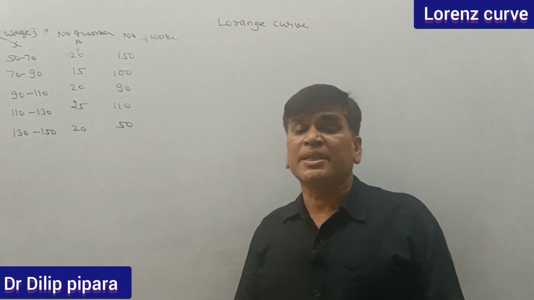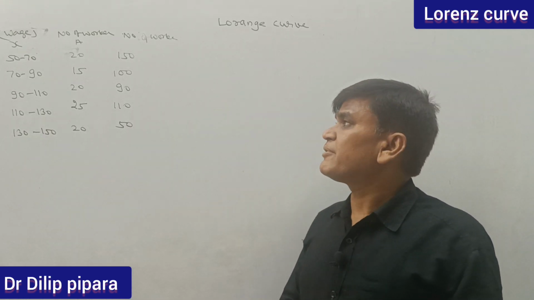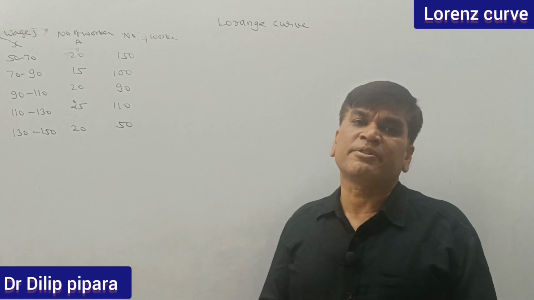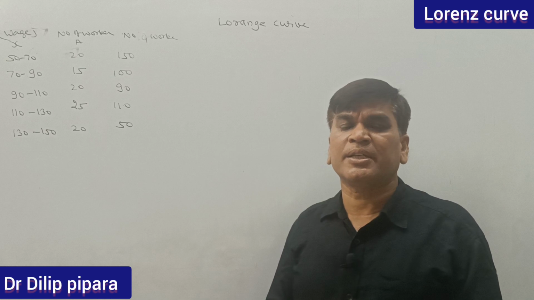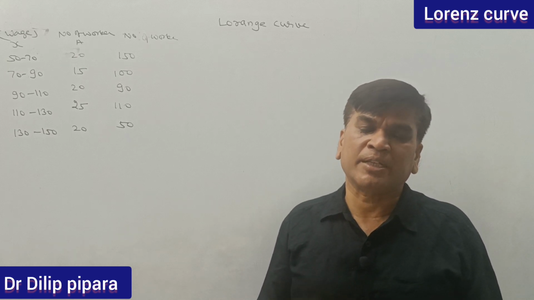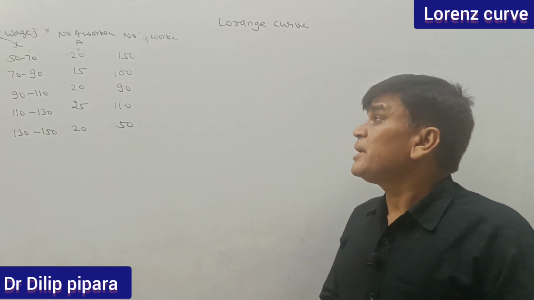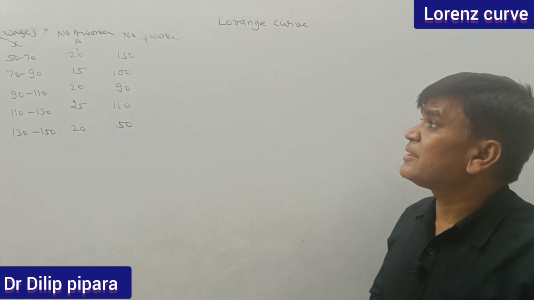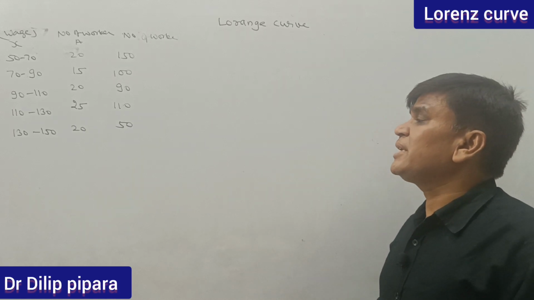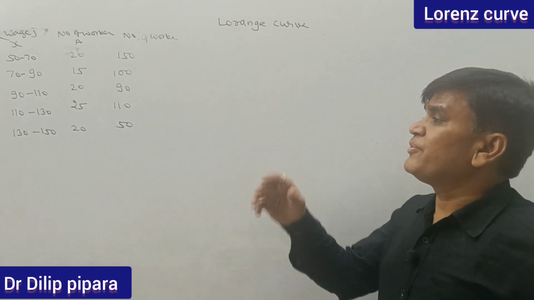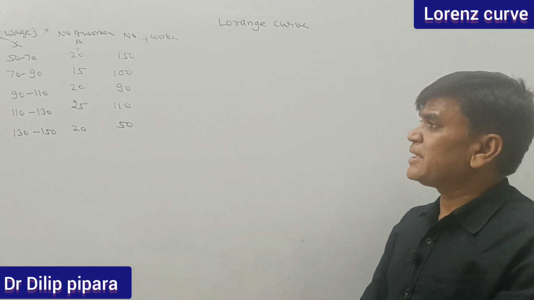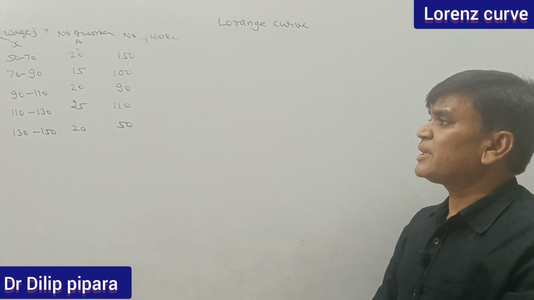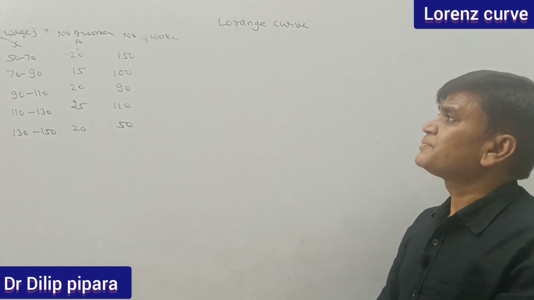The wage is given, that is, the class intervals 50 to 70, 70 to 90, 90 to 110, 110 to 130 and 130 to 150. In the first factory, the number of workers is 20, then 15, 20, 25 and 20.